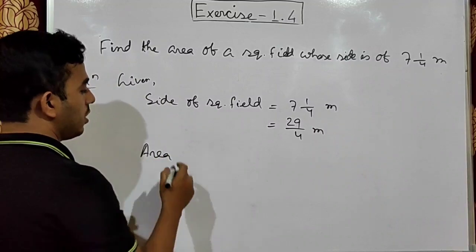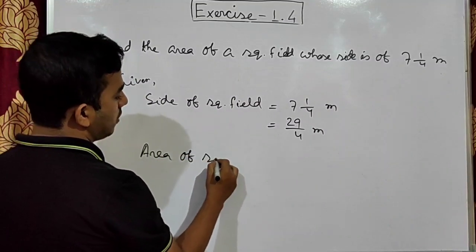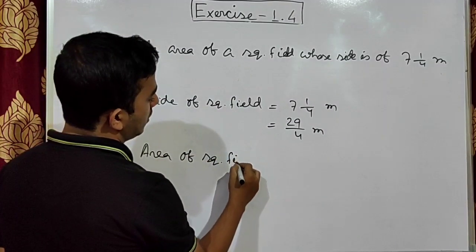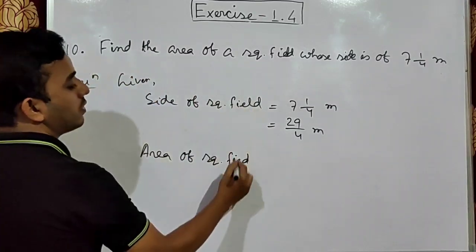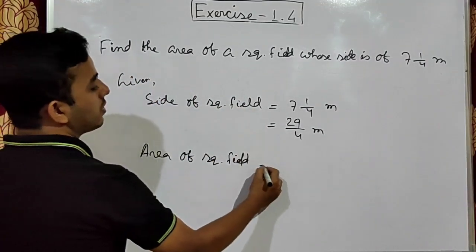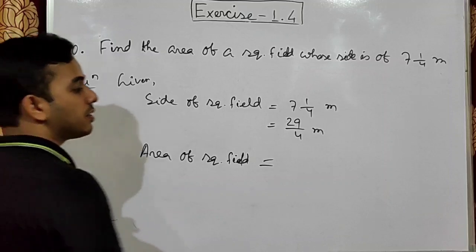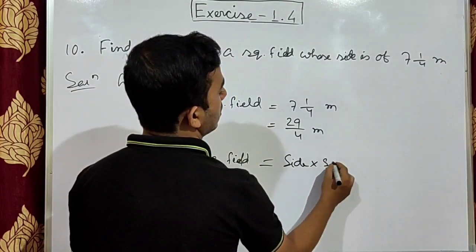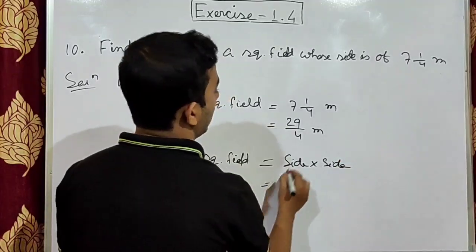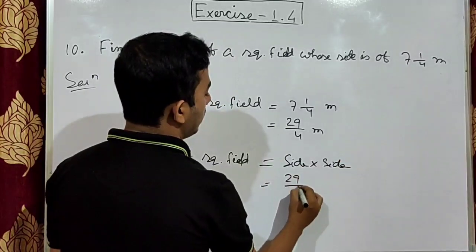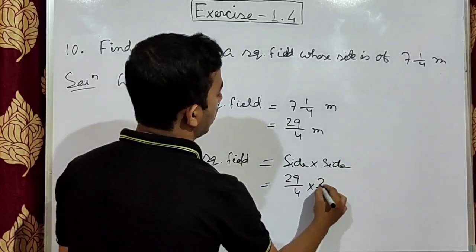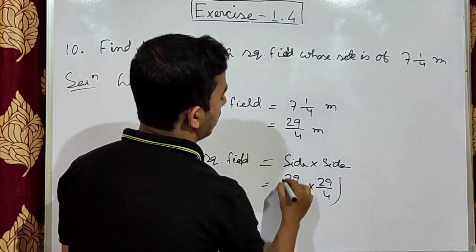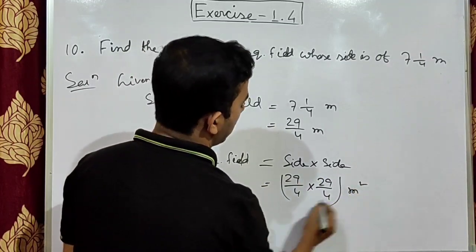So therefore, area of square field. I love this type of questions. Okay, this mensuration part. Area of square field is side into side or side square. The side is how much? 29 by 4 into 29 by 4. Unit will be meter square.